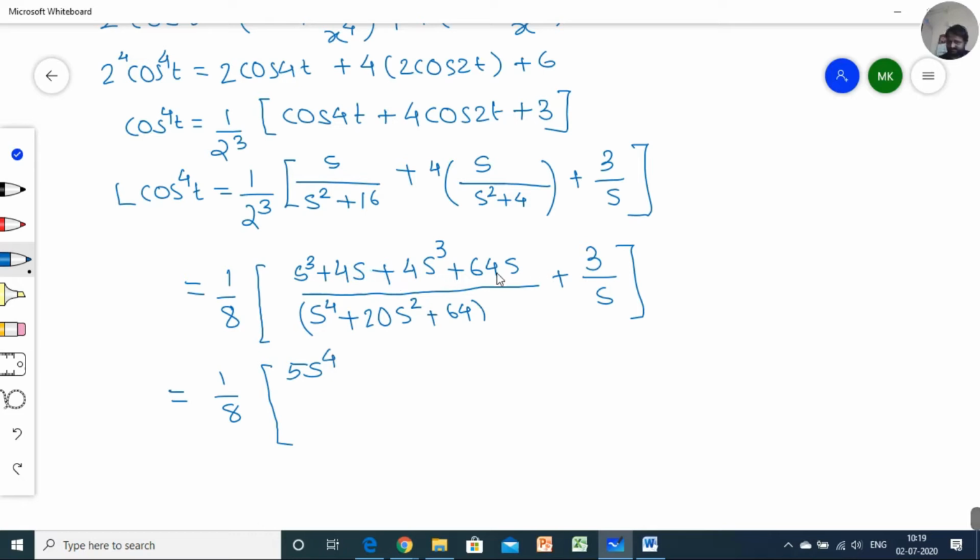Similarly 4s plus 64s is 68s, 68s into s becomes 68s square, and simplifying with this part, you will get 3s raised to 4 plus 60s square plus 192, I think 180 and 12, that is 192.